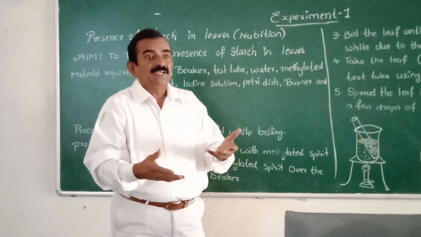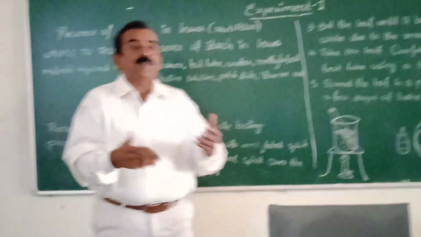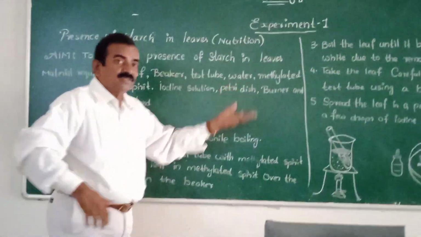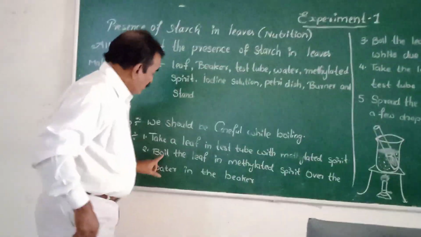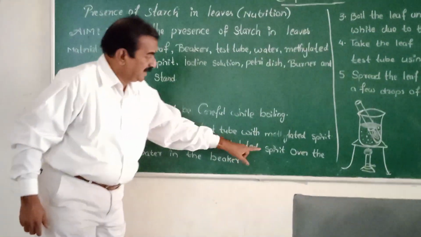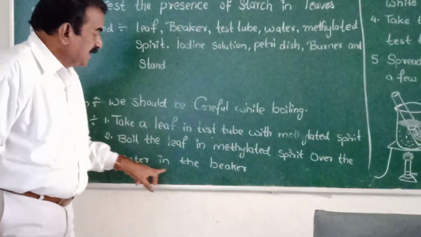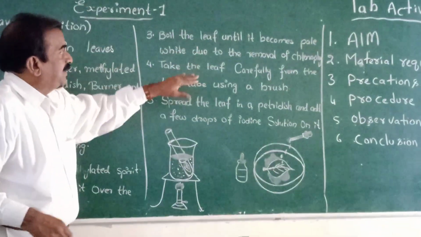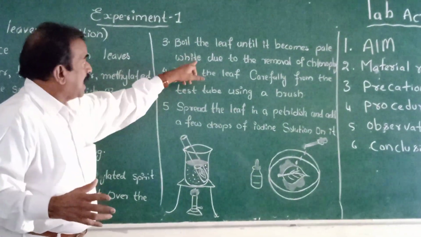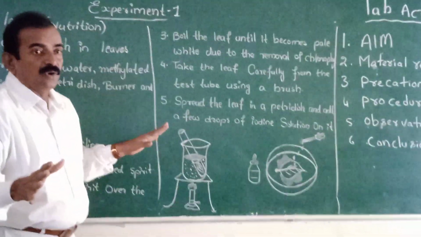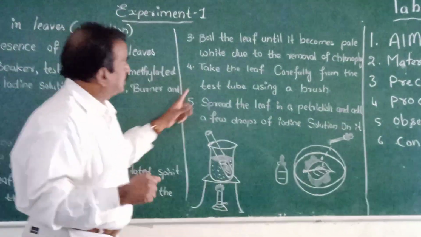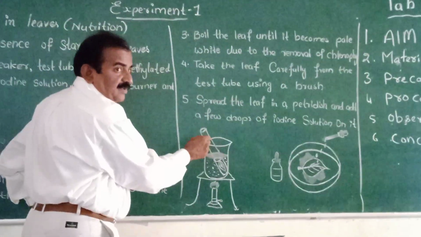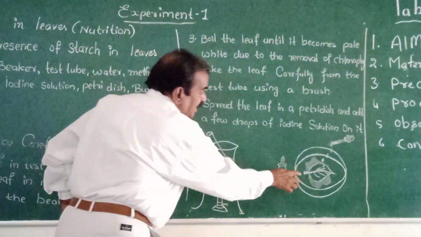It loses its color, which means the chlorophyll is dissolved. After boiling the leaf in methylated spirit in the water in the beaker, it becomes pale or white due to the removal of chlorophyll. Now we take the leaf out of the test tube with the help of a brush and keep it on the petri dish.